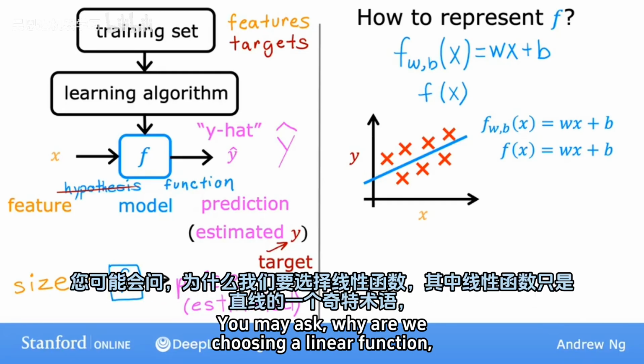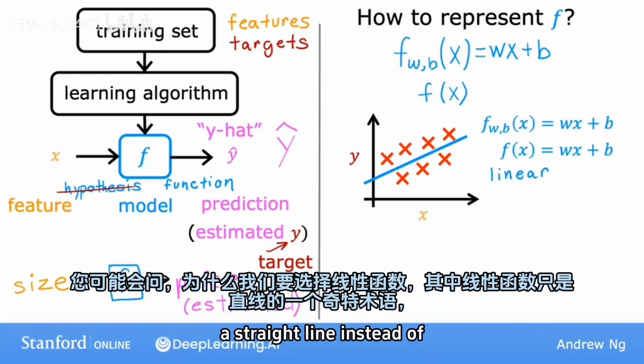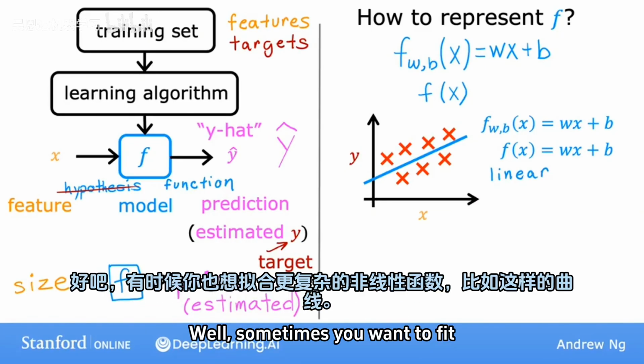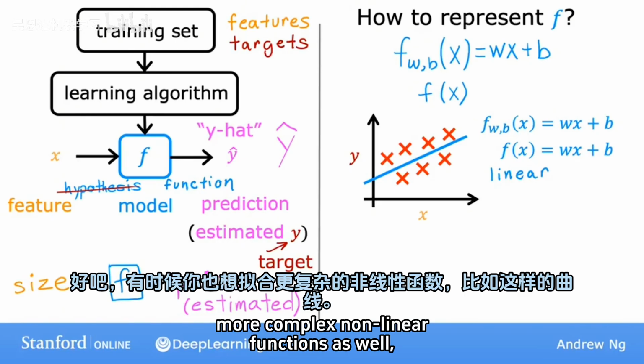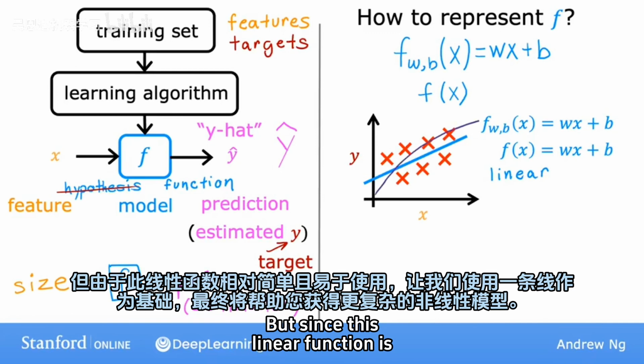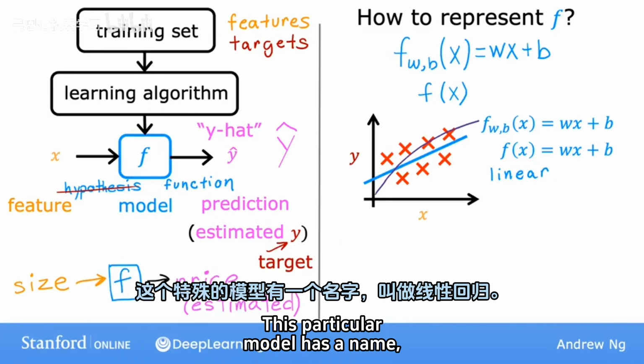So you may ask, why are we choosing a linear function, where linear function is just a fancy term for a straight line, instead of some nonlinear function like a curve or a parabola? Well, sometimes you want to fit more complex nonlinear functions as well, like a curve like this. But since this linear function is relatively simple and easy to work with, let's use a line as a foundation that will eventually help you to get to more complex models that are nonlinear. This particular model has a name.